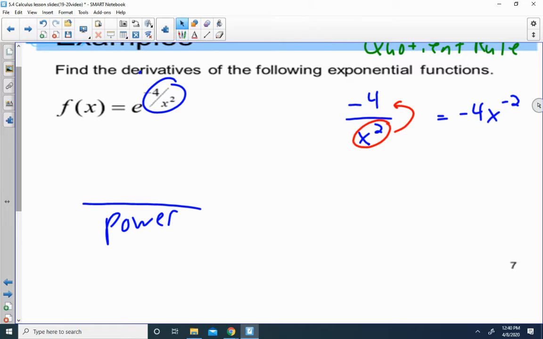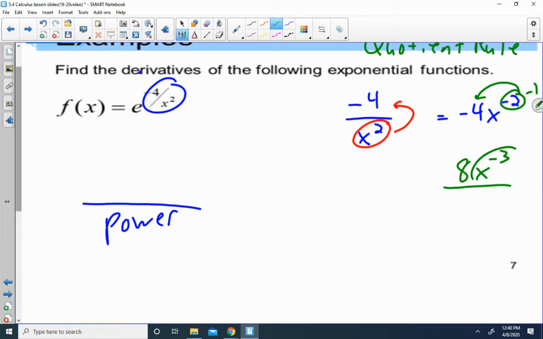Then from here, I can do the derivative by multiplying the negative 2 to the front to get 8, and then just subtract 1 from the power to get x to the negative 3. Then if I flip that back to the bottom, that gives me 8 over x cubed.